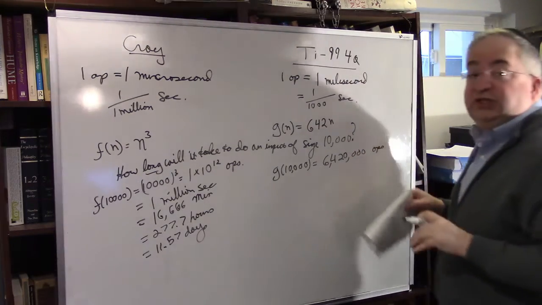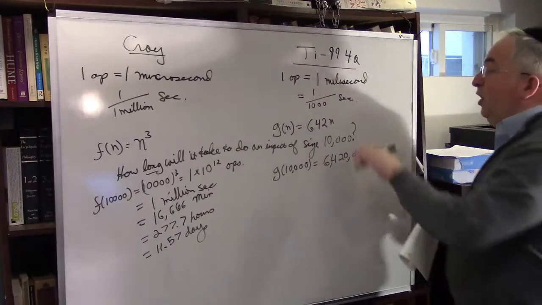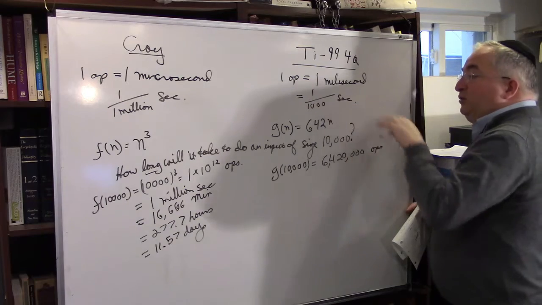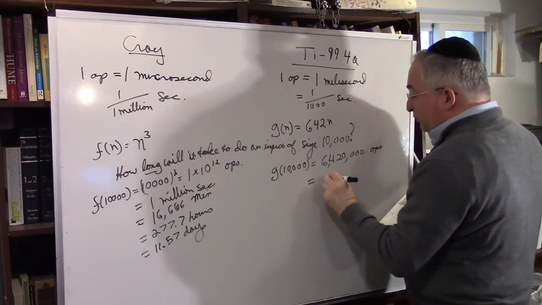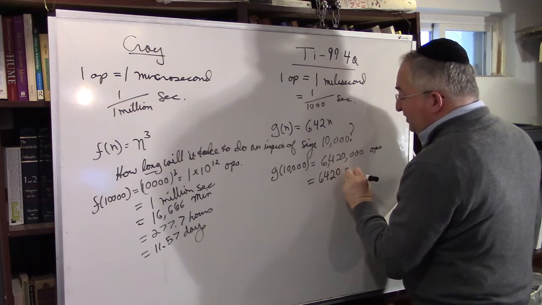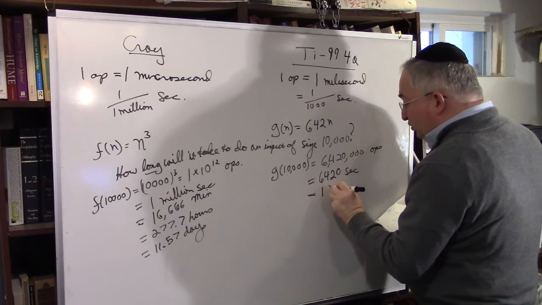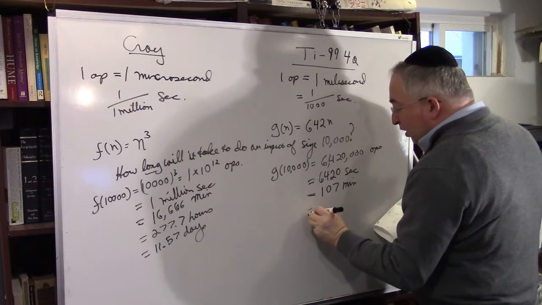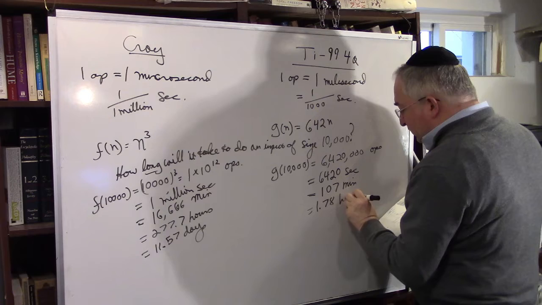Again, we're not interested in how many operations, we're interested in how long, how much time. So we know that it can do 1,000 operations in a second, so we're going to divide by 1,000, and we get 6,420 seconds, which is equal to 107 minutes, which is equal to 1.78 hours.